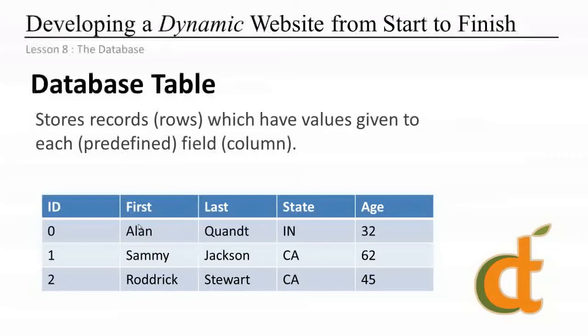I don't remember them necessarily referring to records as rows and fields as columns. So that's up to you. For you to know, though, I'm going to most likely refer to a row as a record and a column as a field.